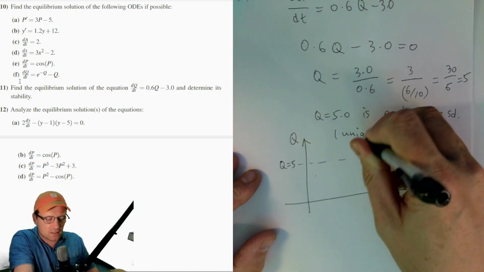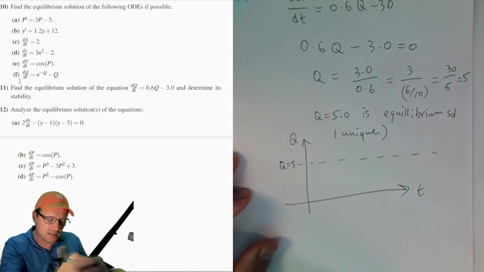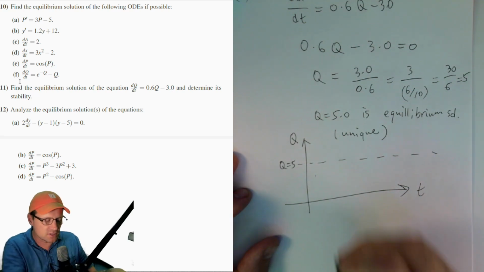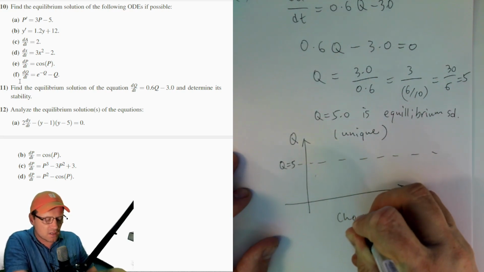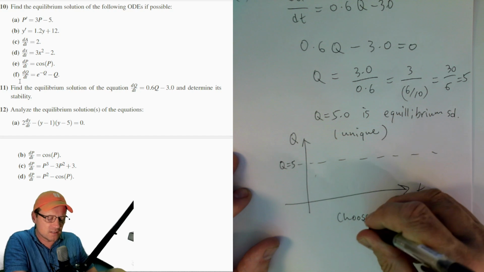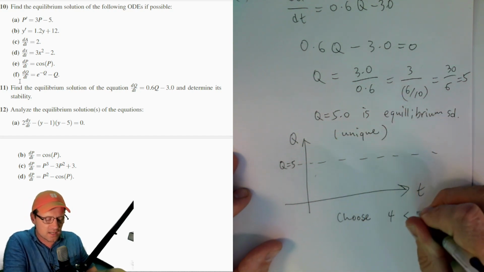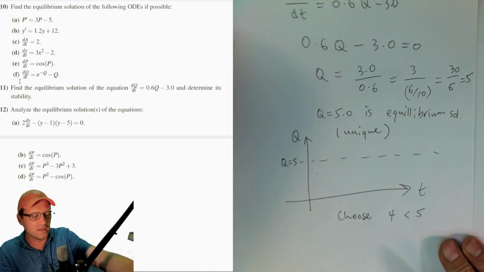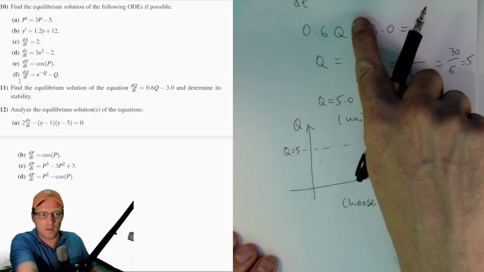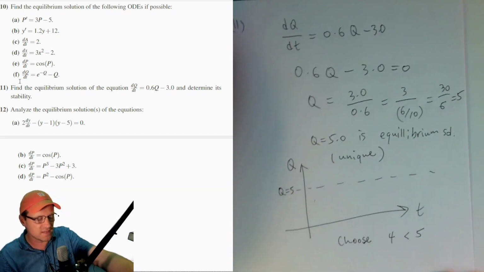So what I like to do for these is, because we only have one equilibrium solution, put in brackets unique, I'll just choose a number that is less than that equilibrium solution. So I'll say choose, and just to aid in telling you what's going on, choose 4, which is less than 5. Okay, and then let's just take that 4 and sub it into this differential equation there.